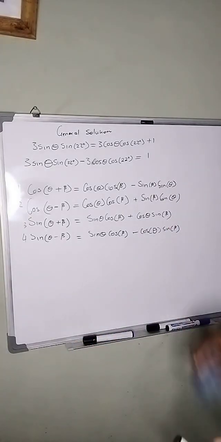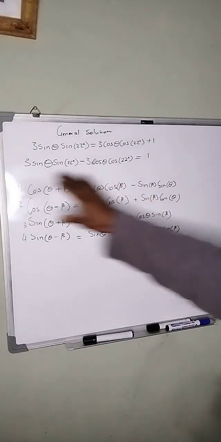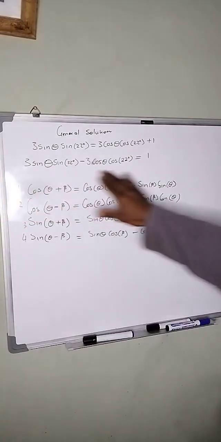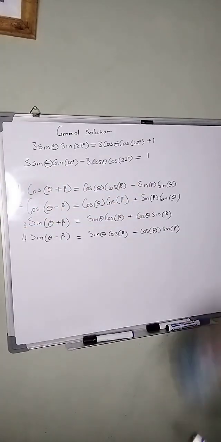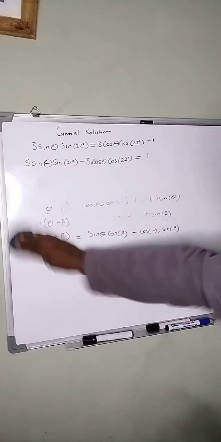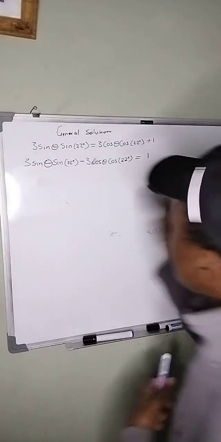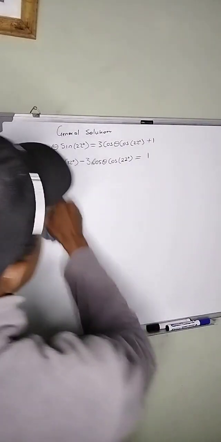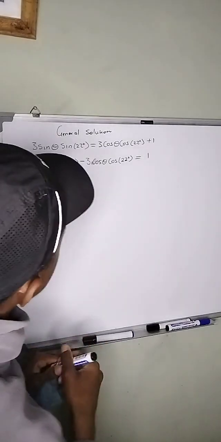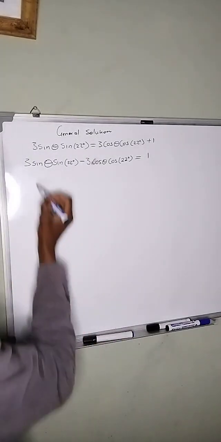So now I'm going to rearrange this. If I rearrange this, I'm just going to divide everything by 1.